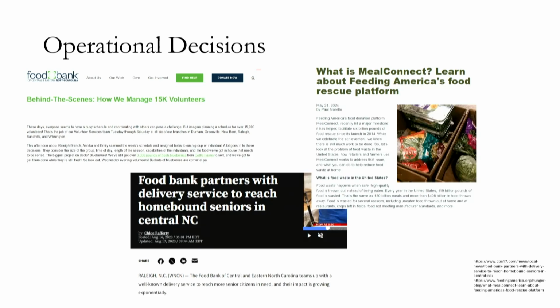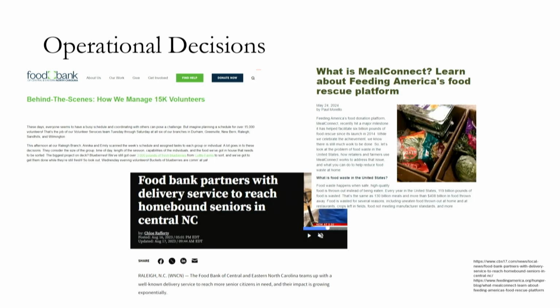And it doesn't only end at the agency level, because as Lauren mentioned, there are some beneficiaries who may be transportation insecure, who may not have a car to travel to an agency, or they may be homebound or sick, which prevents them from going to an agency. So food banks try to directly distribute to those beneficiaries. For example, the Food Bank of Central and Eastern North Carolina has recently partnered with a delivery service to be able to do this.